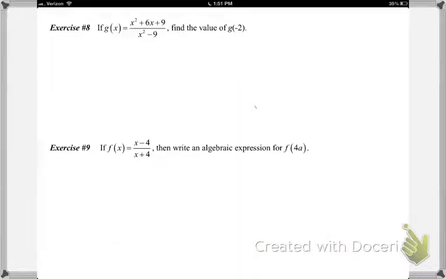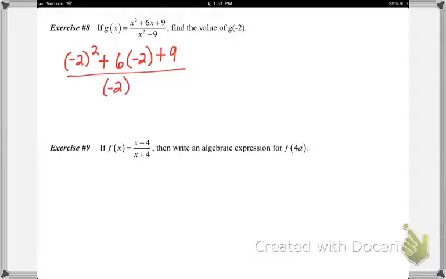Okay, if g of x is equal to x squared plus 6x plus 9, that quantity over x squared minus 9, find the value of g at negative 2. So, let's write it out, and then we're going to use store to help us out. So we can do negative 2 squared plus 6 times negative 2 plus 9 all over negative 2 squared minus 9.